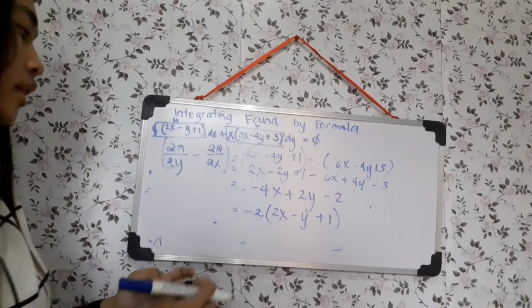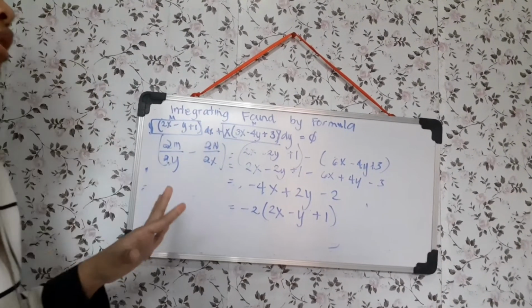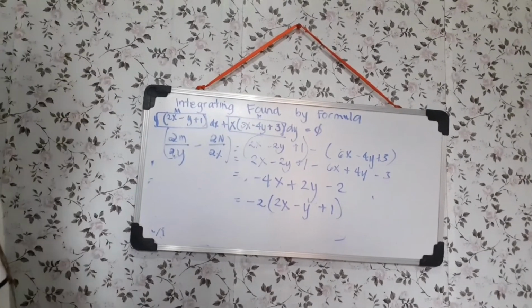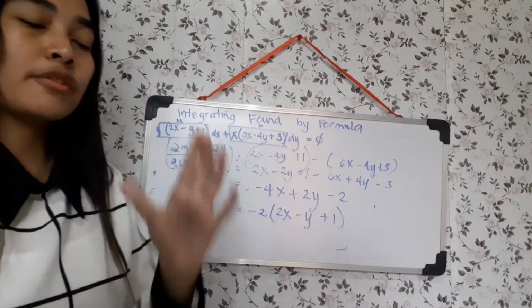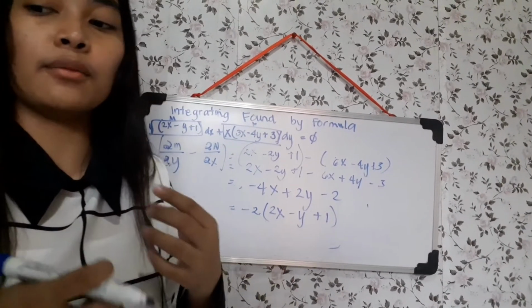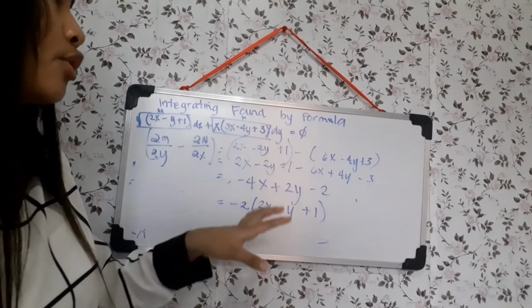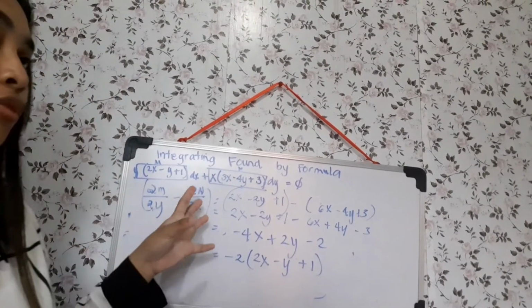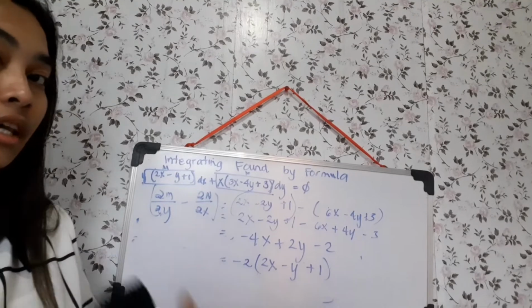So after getting the difference, now proceed for knowing the integrating factor. If the function is of x alone, meaning the partial derivative of N over x is the integrating factor.